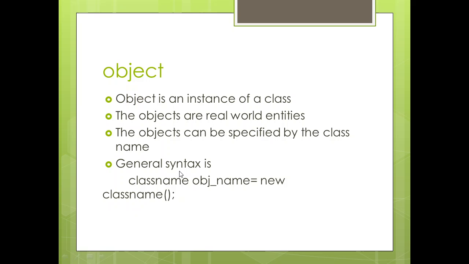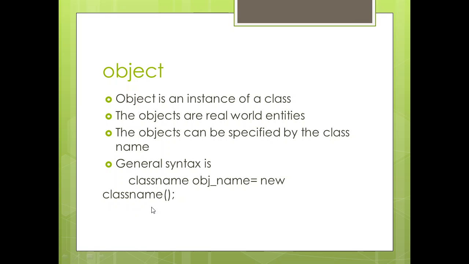The general syntax of the object is class name, space, object name equal to new class name. Here we are calling the constructor. After creating the object, each time the class's basic constructor is invoked.